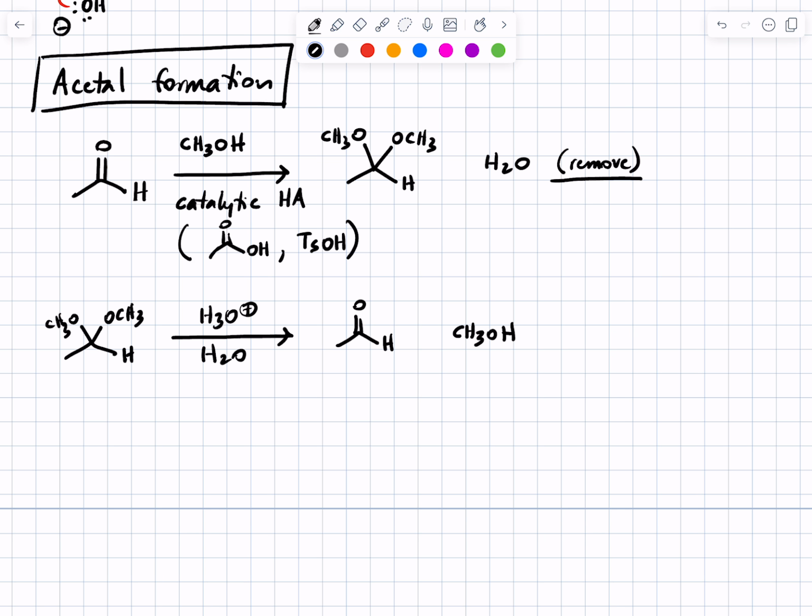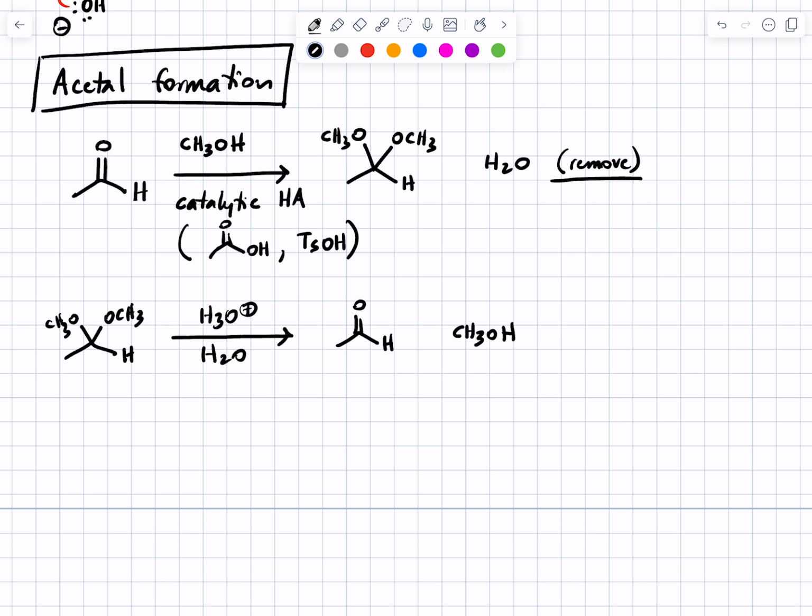Now it's the alcohol oxygen that's positively charged. And then we can regenerate our acid catalyst by having the conjugate base of our acid remove the proton from the oxonium ion. And that takes us to this neutral intermediate.